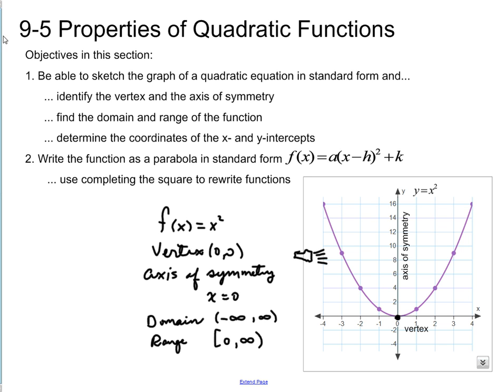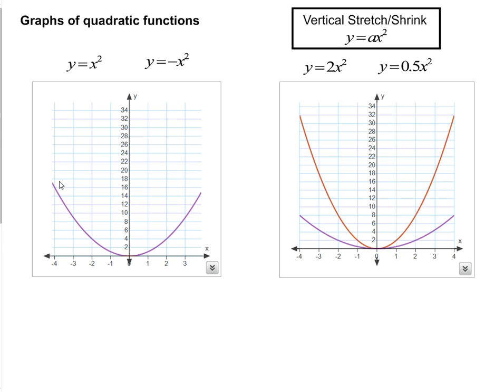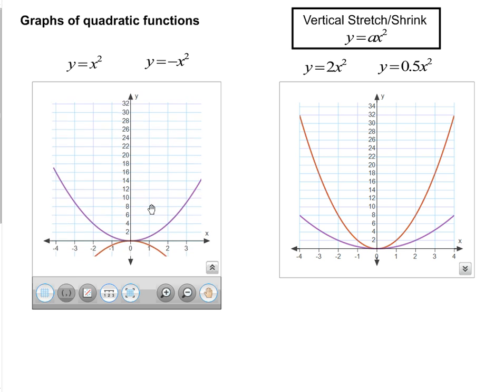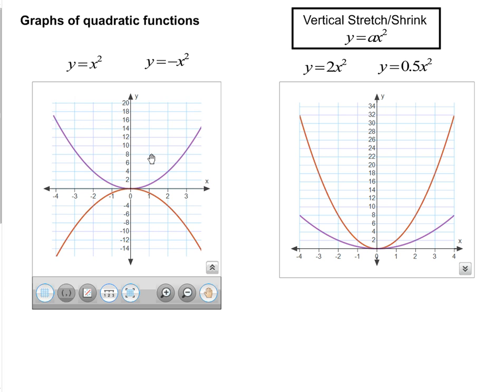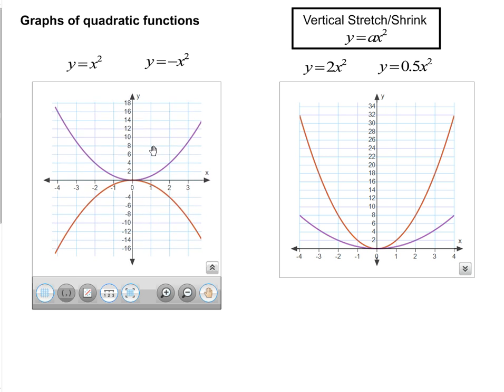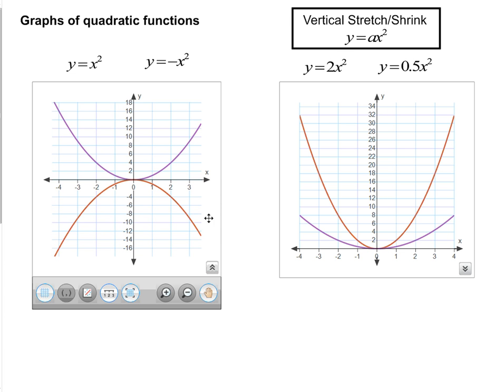Okay, so let's talk about some of these properties that we'll need to know as we're going through and graphing some of these equations. First of all, let's compare a couple of graphs. We have a graph of y equals x squared illustrated here. What happens if we put a negative in front of that graph? As you can well guess, what's going to happen is that we will get a reflection of the curve as we look up and down.